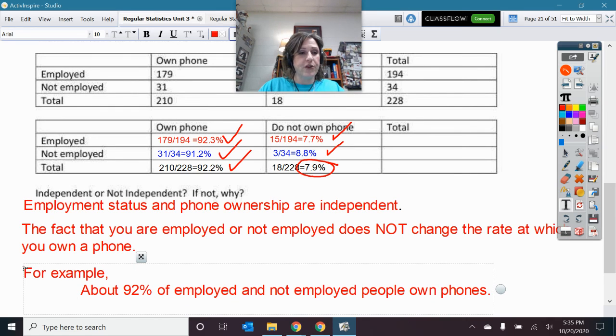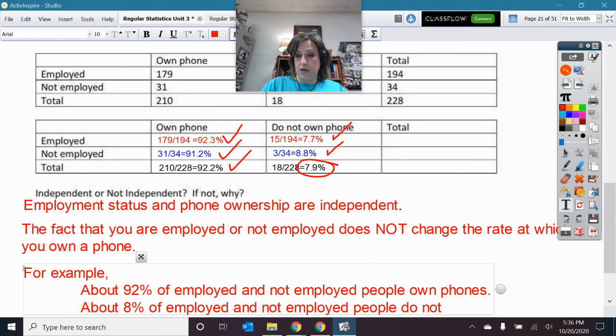All right, and then what's our other one? About 8% of employed and not employed people do not own phones. So there was our statistical evidence saying it was pretty much the same for both of those categories.